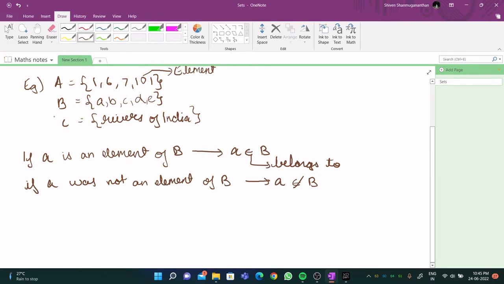Throughout this chapter, we will represent sets by capital alphabets, as we said here.